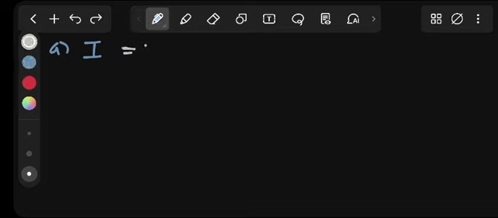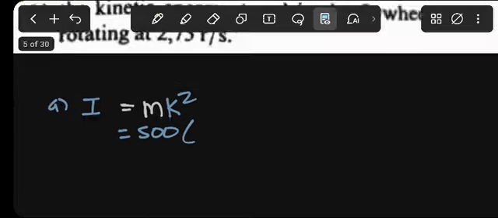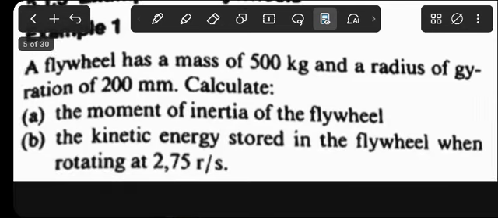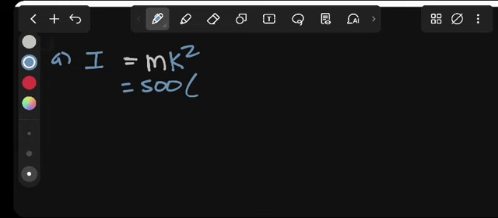multiplied by the radius of curvature, squared like this. So we have the mass, which was 500, and the radius of curvature, which is 200 divided by 1000, which will be 0.2.